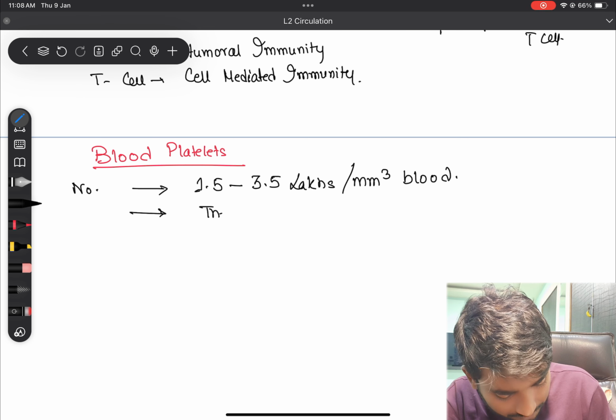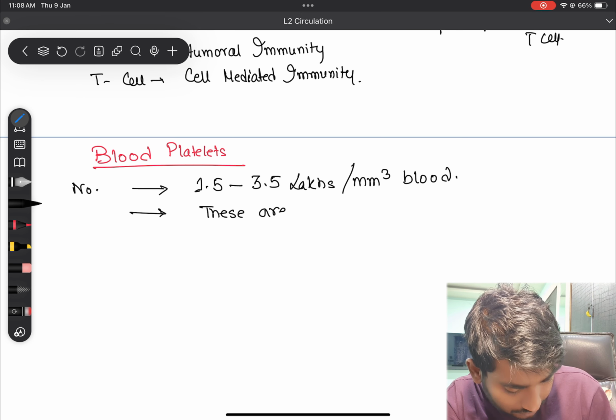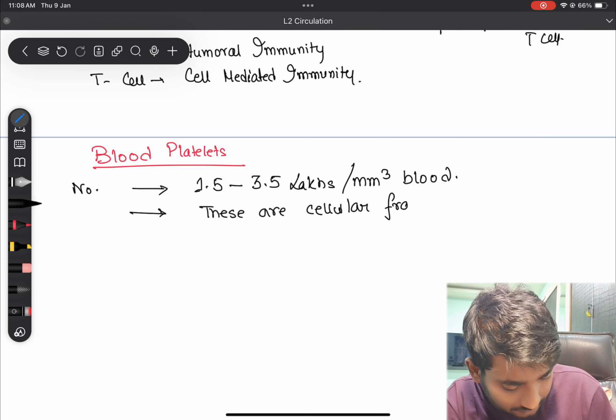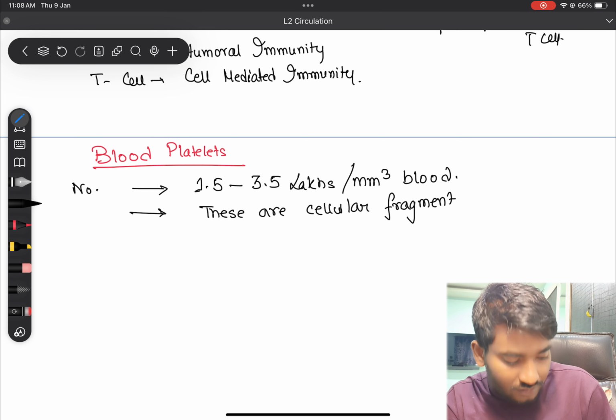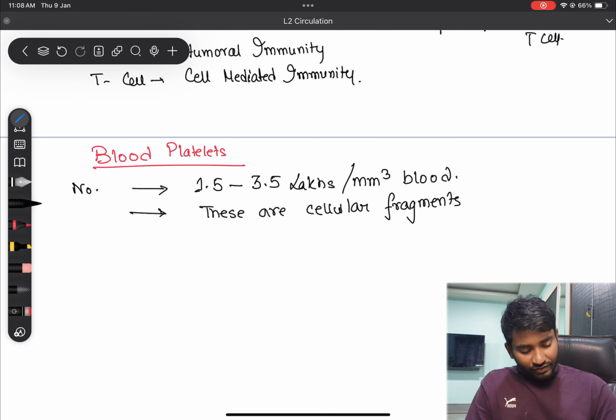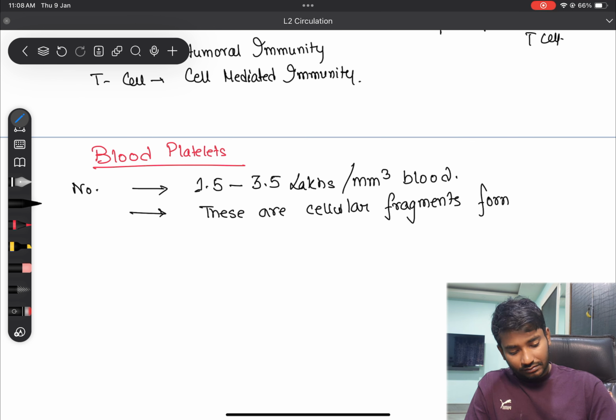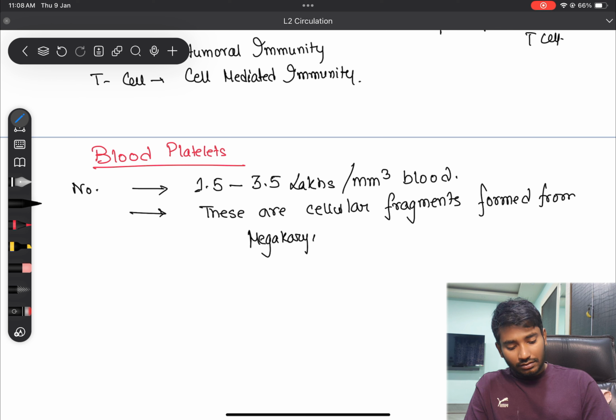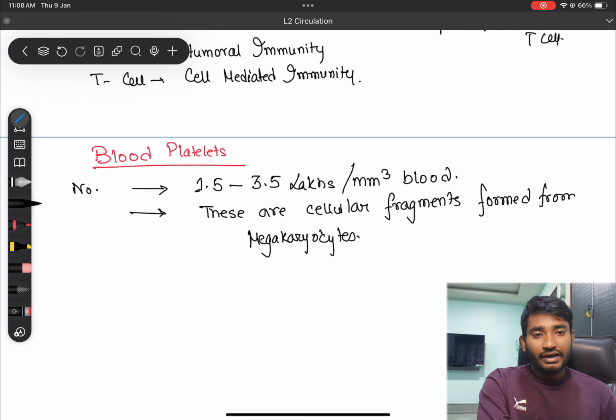These are cellular fragments. So where are the platelets formed? These are cellular fragments, and these are made from megakaryocytes.